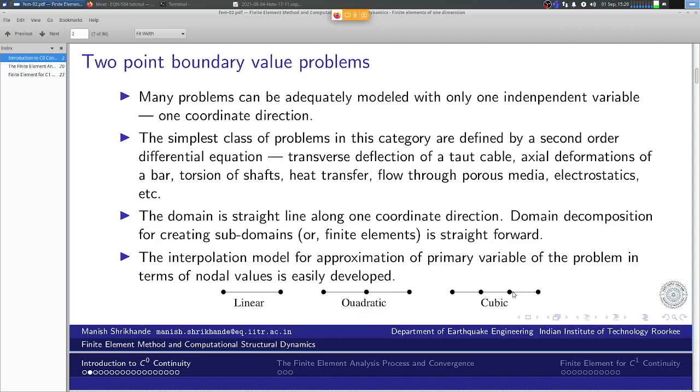And if we have four nodes within an element, then a cubic polynomial can be uniquely defined. Cubic interpolation can be uniquely defined, and the variation of the primary variable within the element will be of cubic form. So it will vary as a cubic polynomial, and the element is therefore referred to as cubic element.